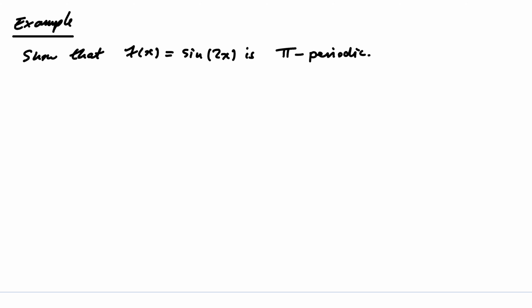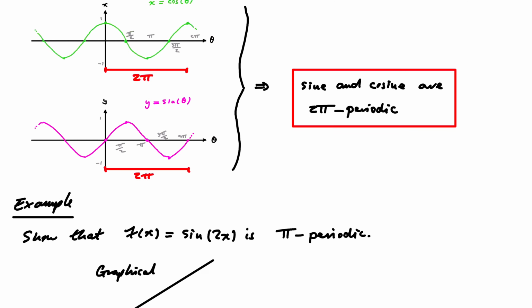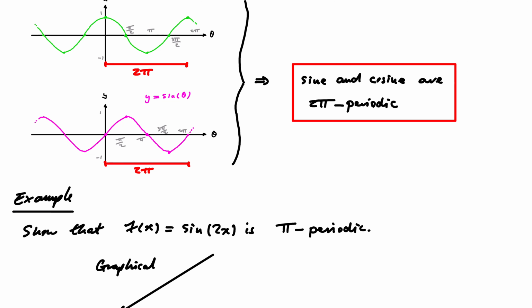Let's think about what the graph looks like. Graphically, this isn't really mathematically rigorous, but it's a very useful thing to do. So we know what the graph of sine x is, right? It's this guy above. So what's the graph of sine 2x? Well, we know what that transformation is.